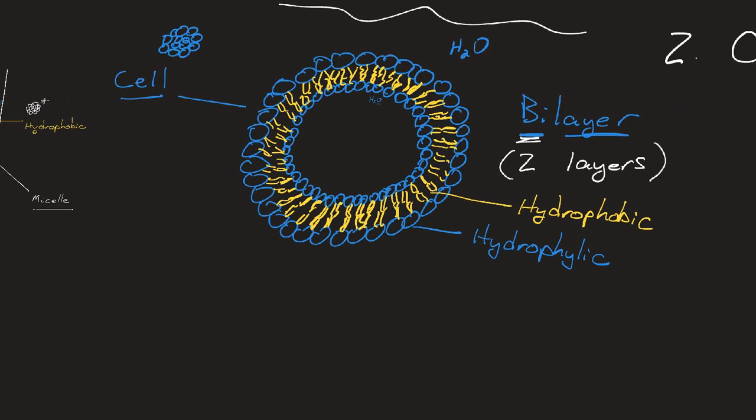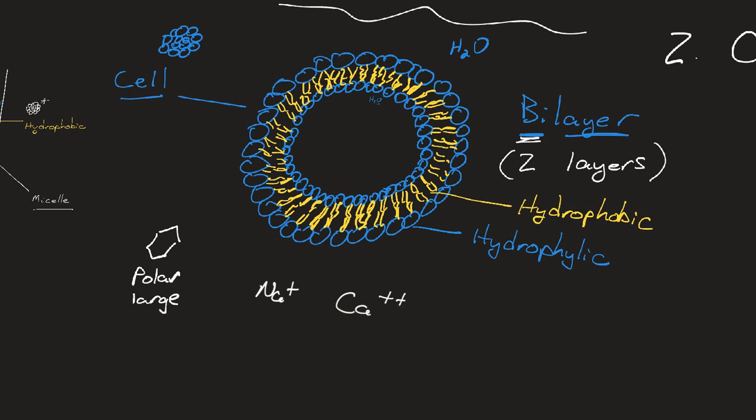So what's the problem here? Well, let's think about it. The water has a bunch of stuff that's dissolved in it. There's some sodium ion, some calcium ion, and some glucose out here. Glucose is polar and large.